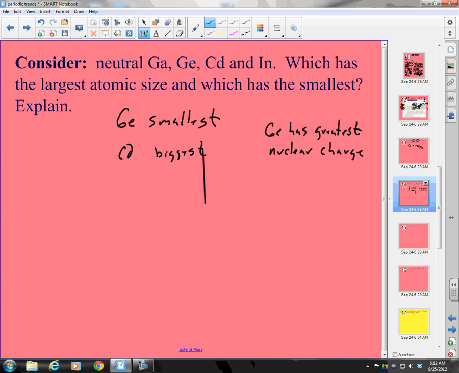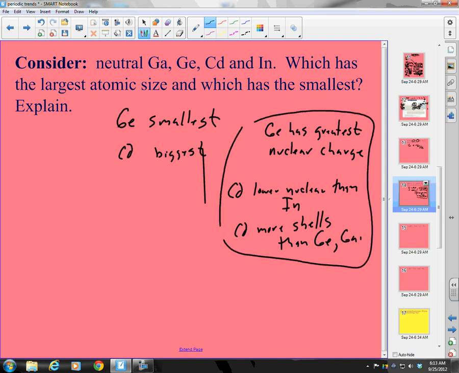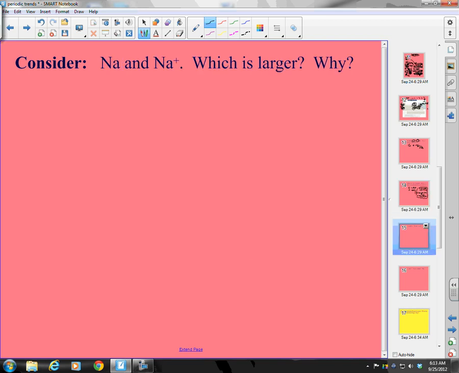And in terms of cadmium, cadmium had a lower nuclear charge than indium, and cadmium had more shells than germanium and gallium. Got it? So that's how I would explain that answer. Okay, cool. Let's move on.